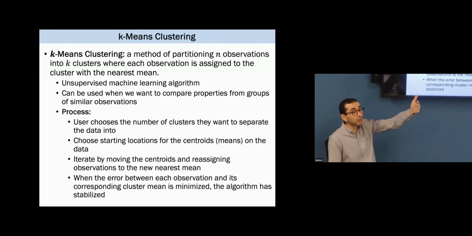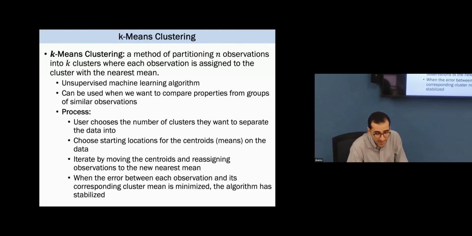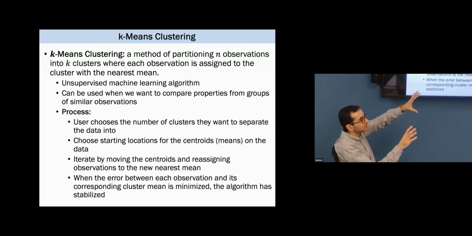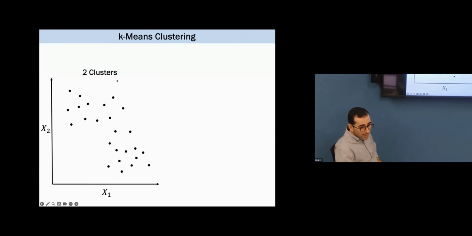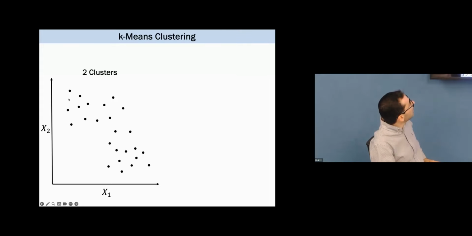Do you want 2 groups, do you want 3 groups? And then, actually let me go to the examples. Let's say I have this data set, and I want 2 clusters, 2 groups. Once you specify the groups, this k-means algorithm will randomly pick 2 points in the data set. Let's say it chooses this point and maybe this point.